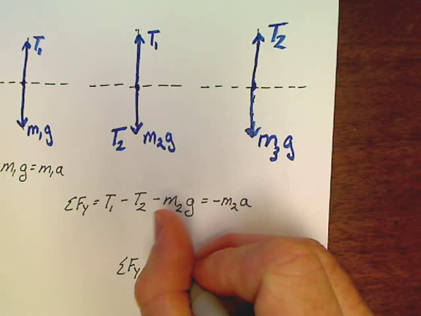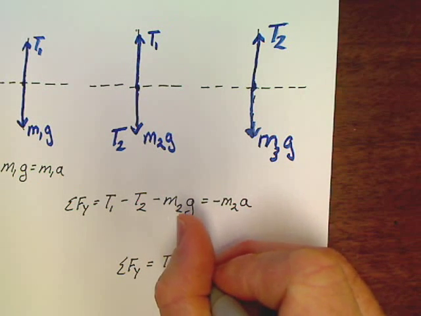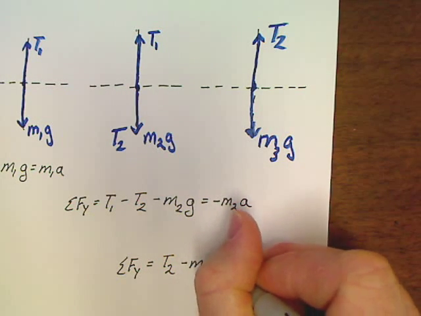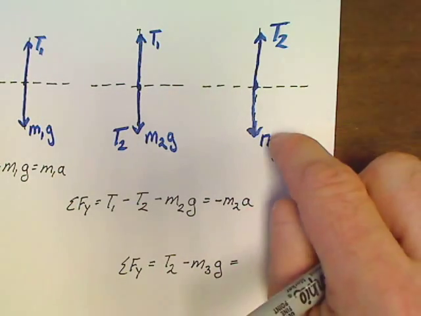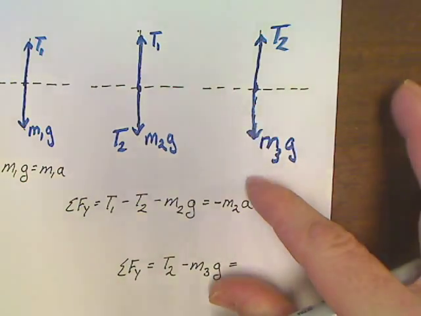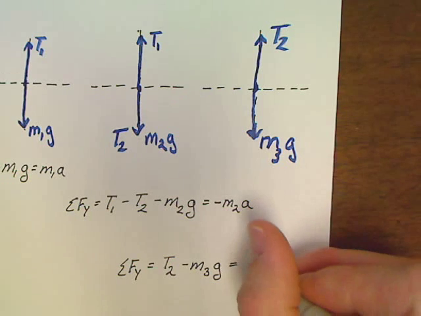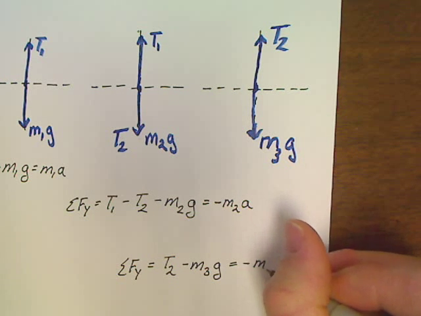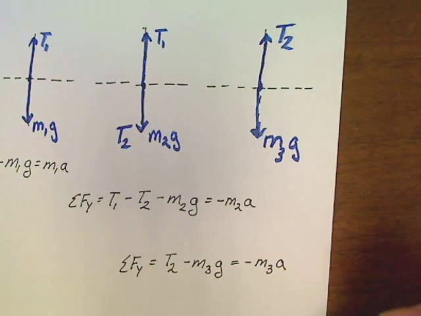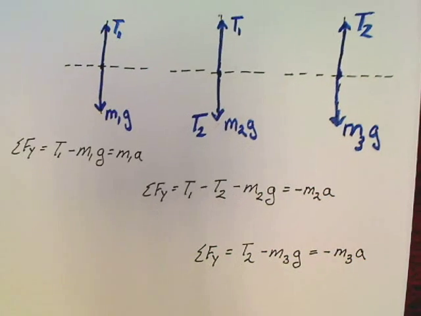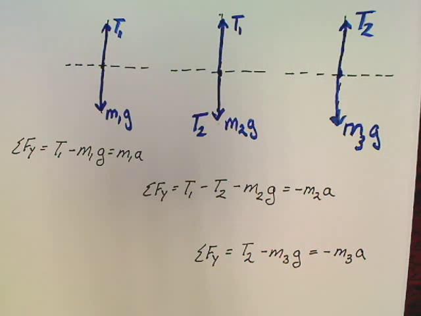It would be T2 minus M3G equals, this one is also falling, it's moving down, so I'm going to set it equal to negative M3A, and the physics in this problem is 100% over.